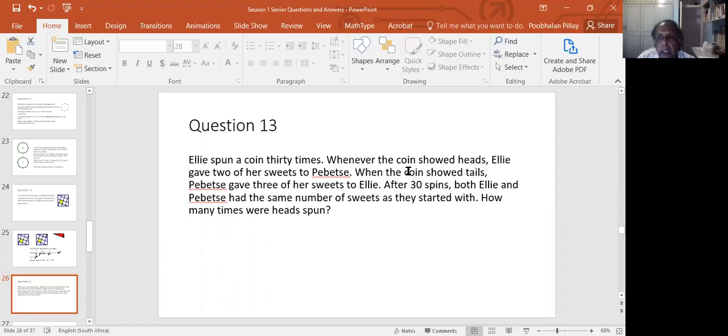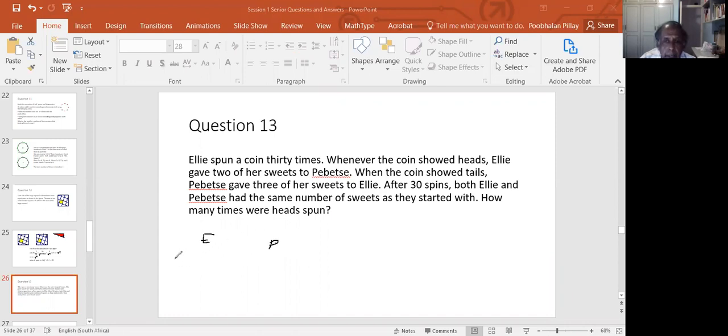Whenever the coin showed heads, Ellie gave 2 of her sweets to Pabetse. So Ellie and Pabetse are playing some kind of a game, and they toss a coin. So let's see what's going on here, Ellie and Pabetse.